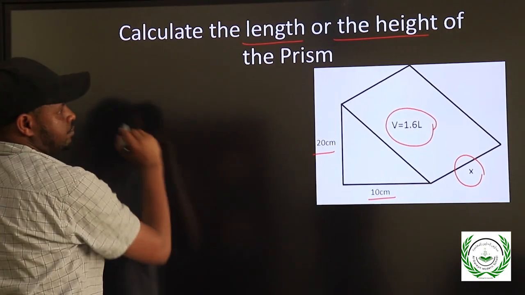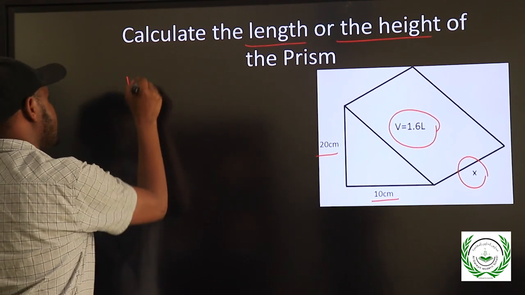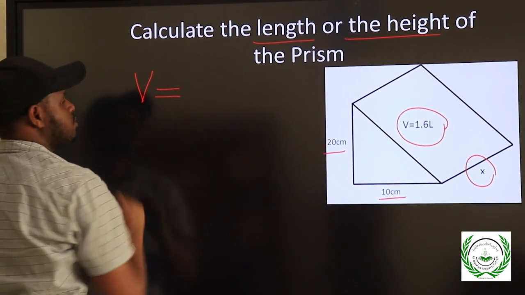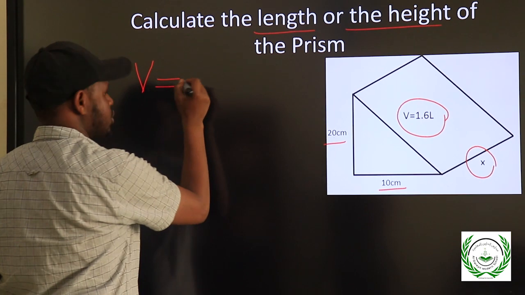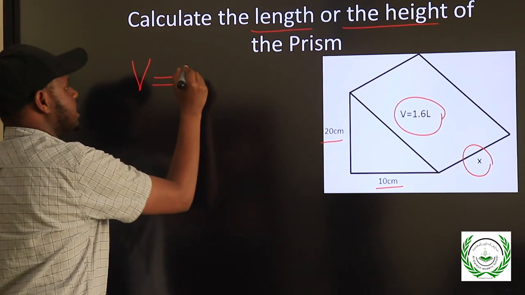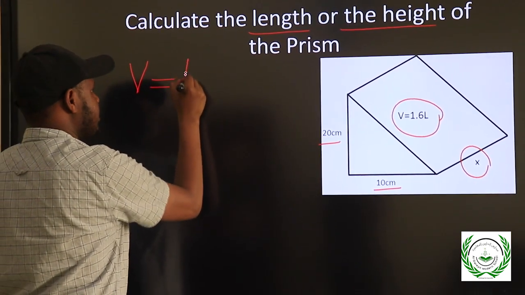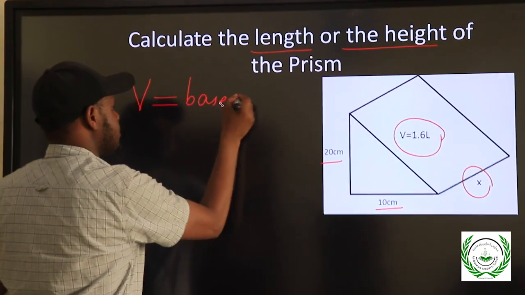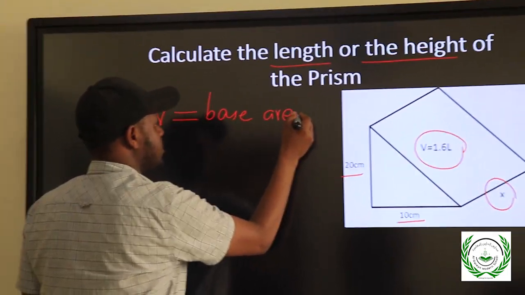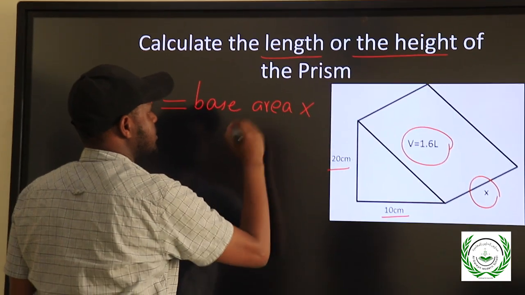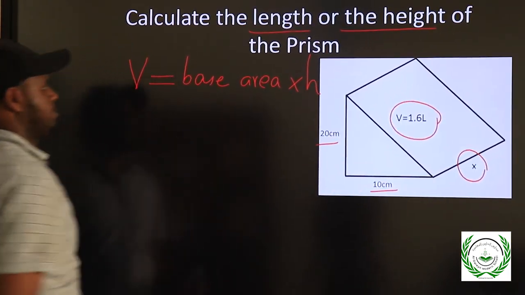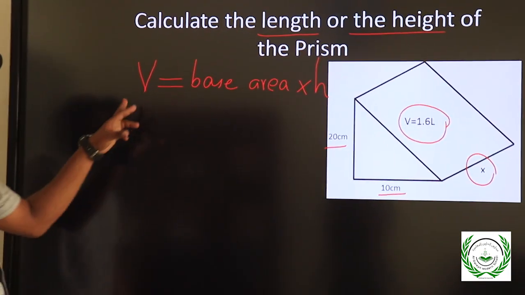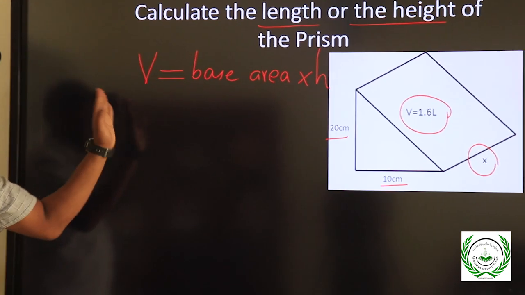So here, first, we have this formula. The volume of the shape overall is base area times the height of the shape. So today the volume of the shape is given.